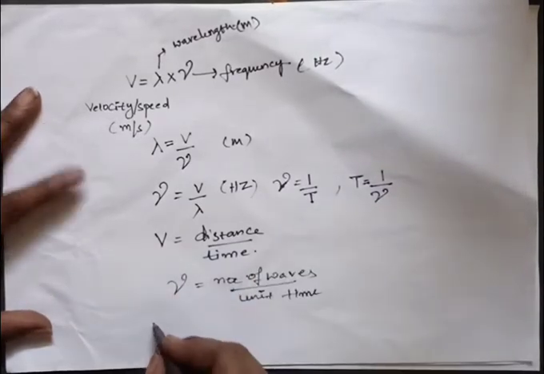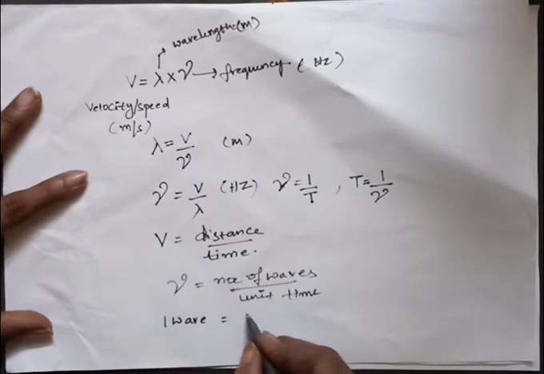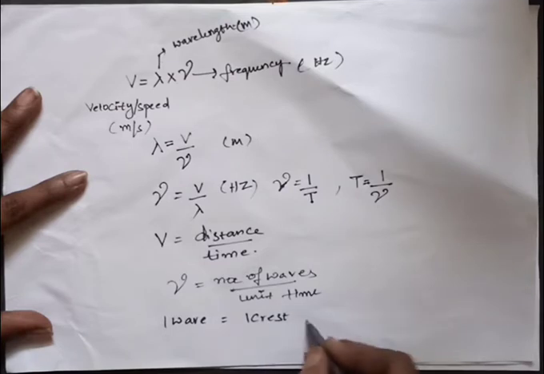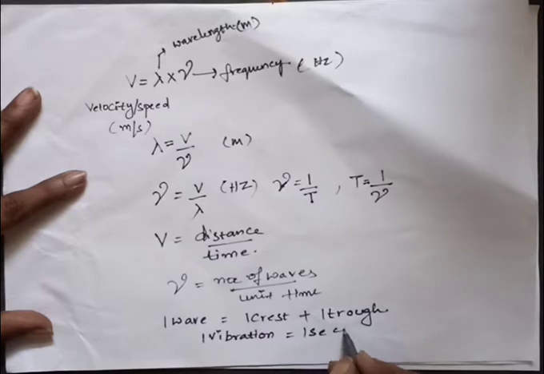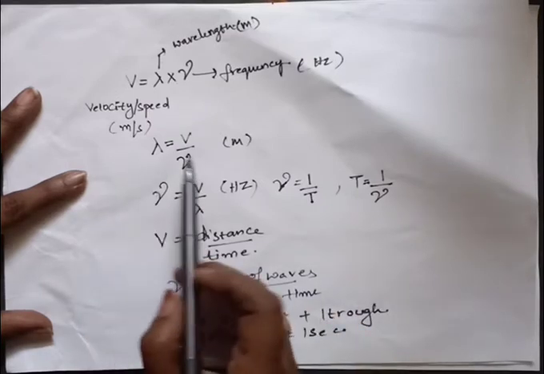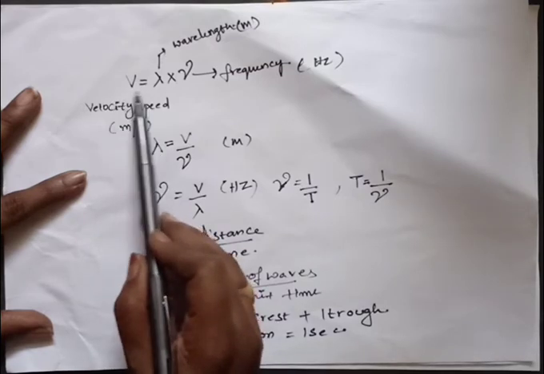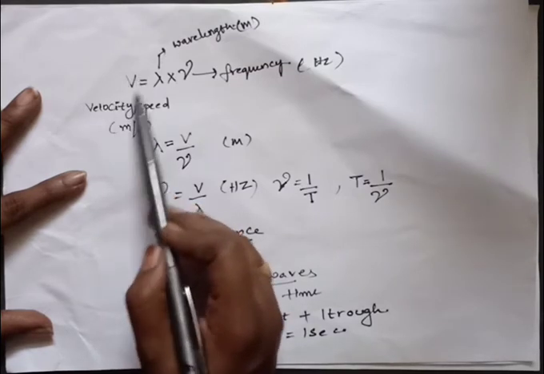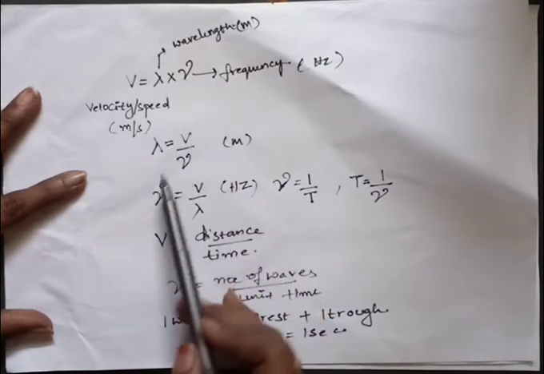And if the number of crests and number of troughs are given, then use the formula 1 wave = 1 crest + 1 trough. And roughly one vibration can be taken as 1 second. So if the question directly comes as find the velocity and wavelength and frequency are given, we need to apply this formula.